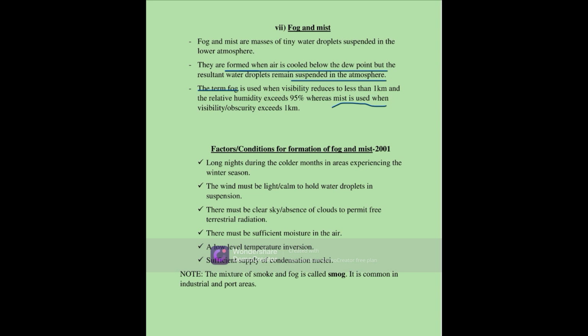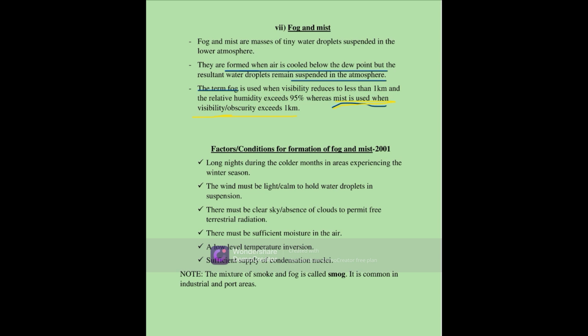The first part is about fog and the second part is the mist. Now let's look at when the term mist is used. It is used when visibility exceeds 1 kilometer. When visibility exceeds 1 kilometer, that is the mist.